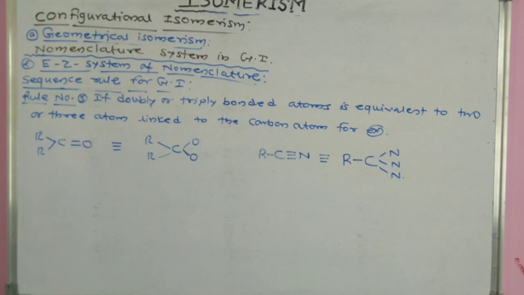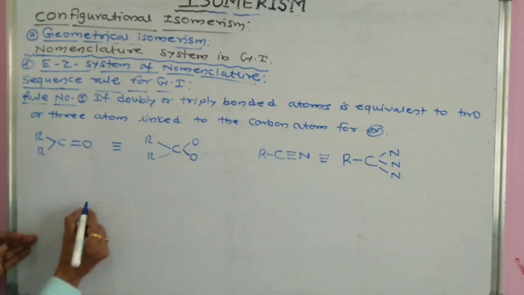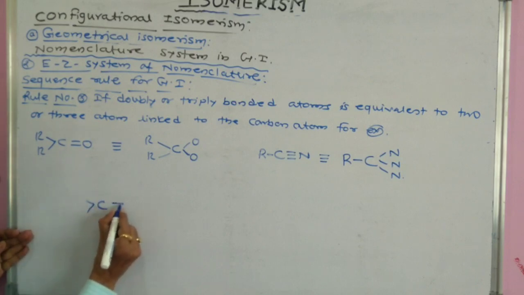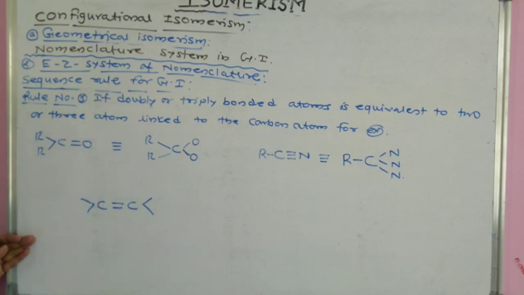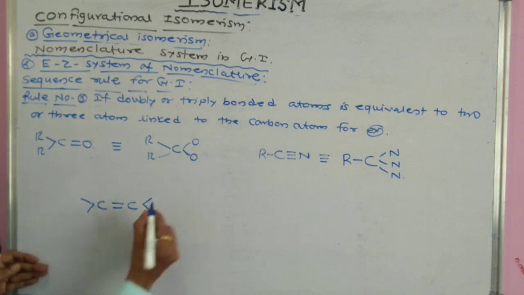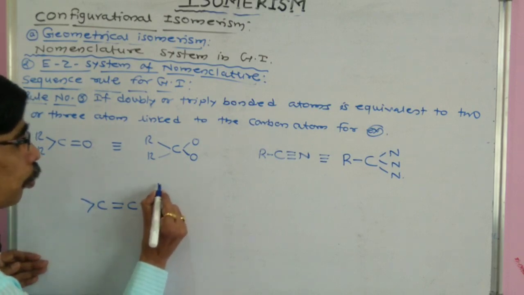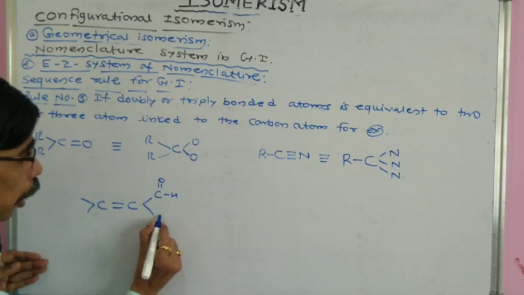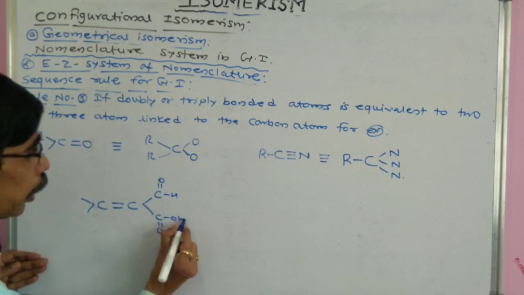Now for example, this C double bond C, there this CHO and here C double bond OH.